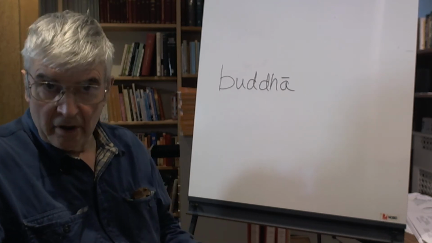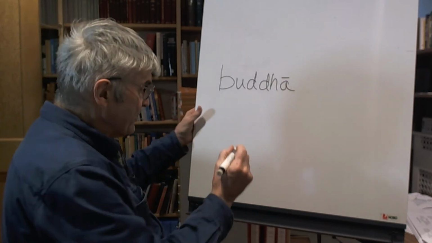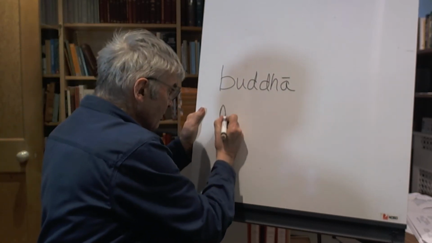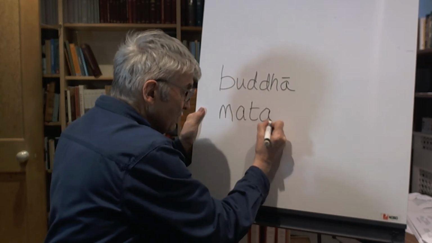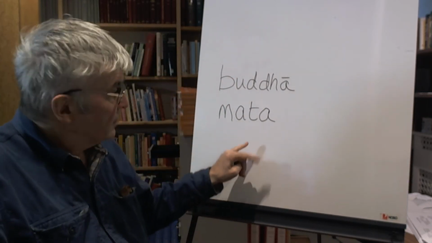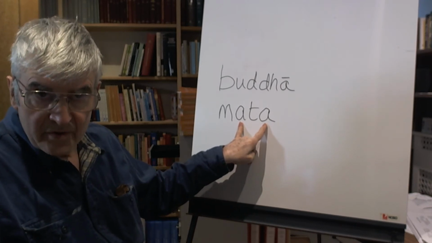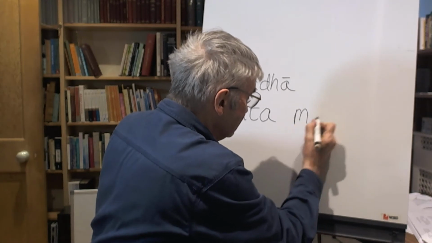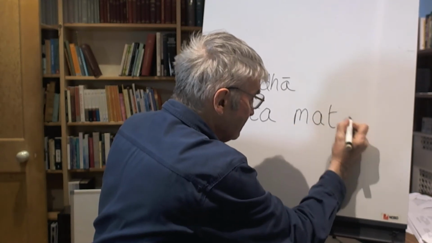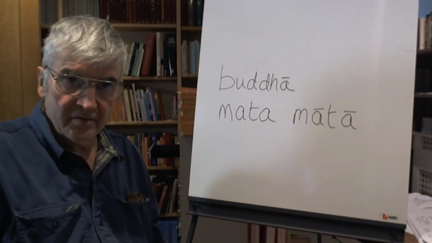Sometimes, and very frequently, you'll have a totally different word, whether a vowel is long or short. Mata, both short, means dead. Mata is mother.